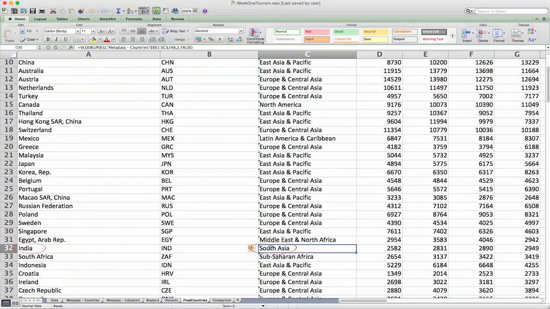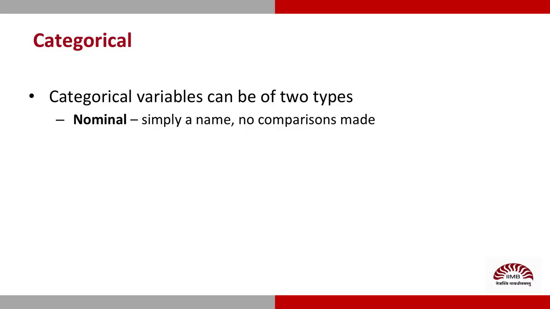India is over here in the South Asia region. Broadly, such an association is classified as categorical. Unlike numerical values, these categories are not comparable. You cannot compare them. They are simply names, and the scale of the region variable is deemed nominal, or name.